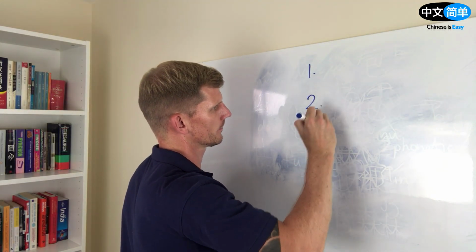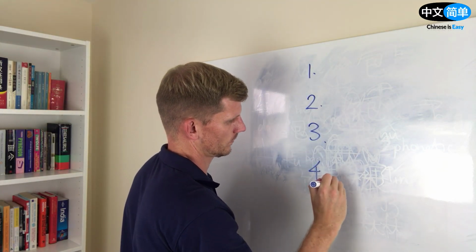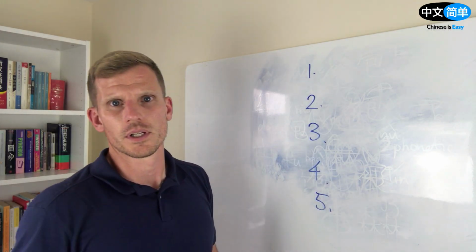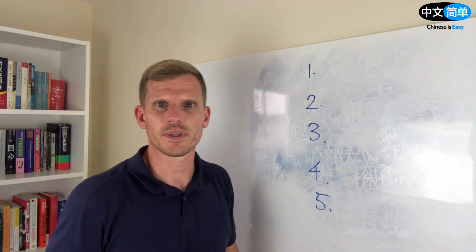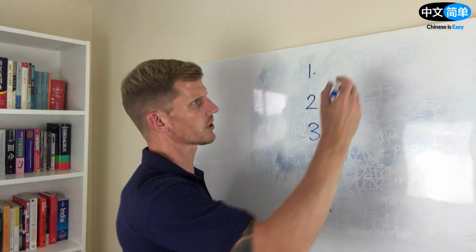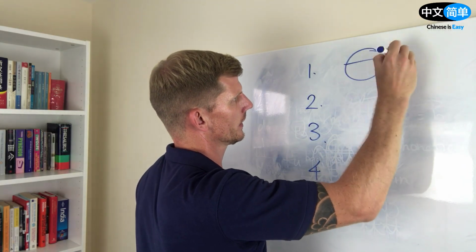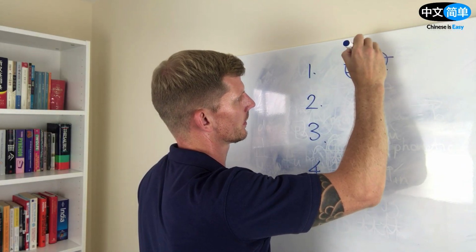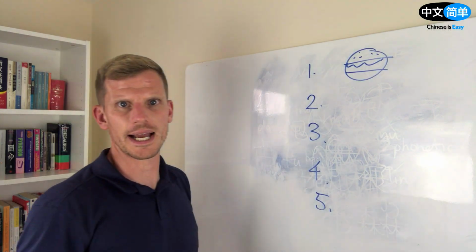So we have 1 to 5, okay? Now, number 1 kind of sounds like a bun, okay? Sorry, that's meant to be like a hamburger bun.